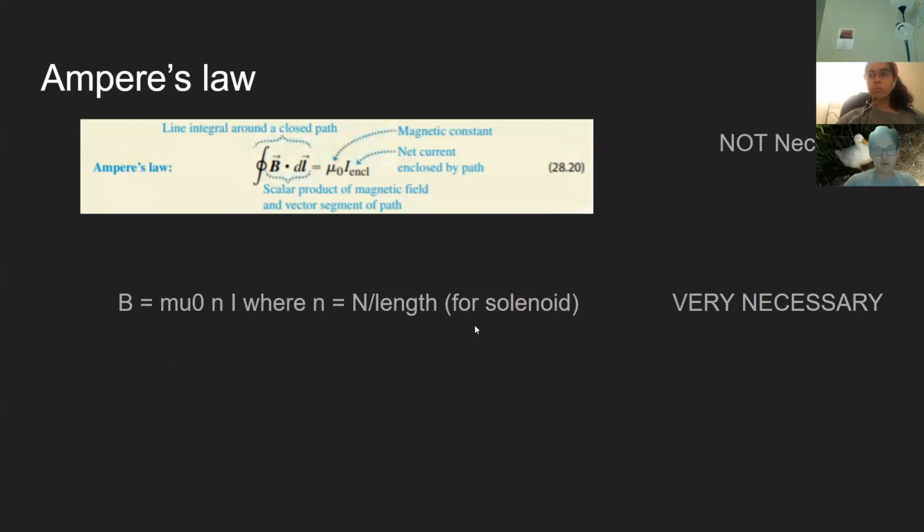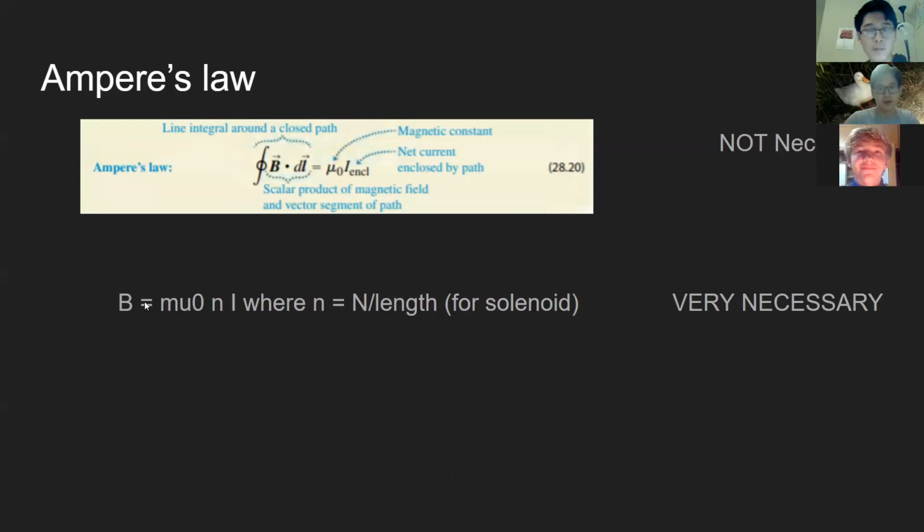So does everyone understand how to use the equation for the magnetic field of a solenoid? Tanner has a question in the chat. Does Ampere's law only work with symmetric stuff? The answer is you can technically use Ampere's law for anything, but it's a lot easier if it's symmetric.